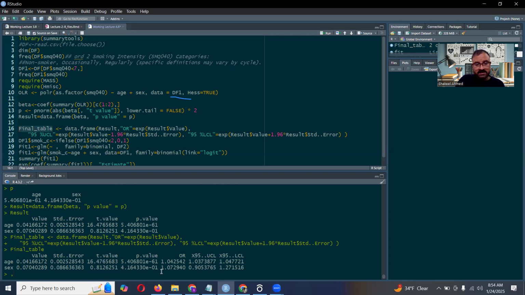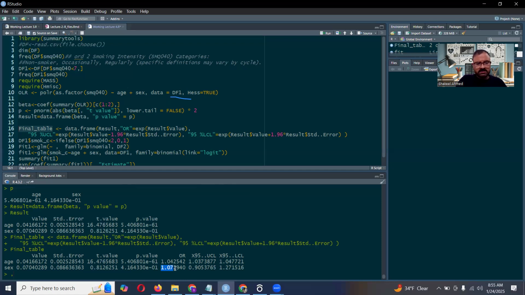Similarly for sex, females are 7% more likely to fall in a higher category versus a lower category, as compared to males, as we have given value 1 to male and 2 to female.